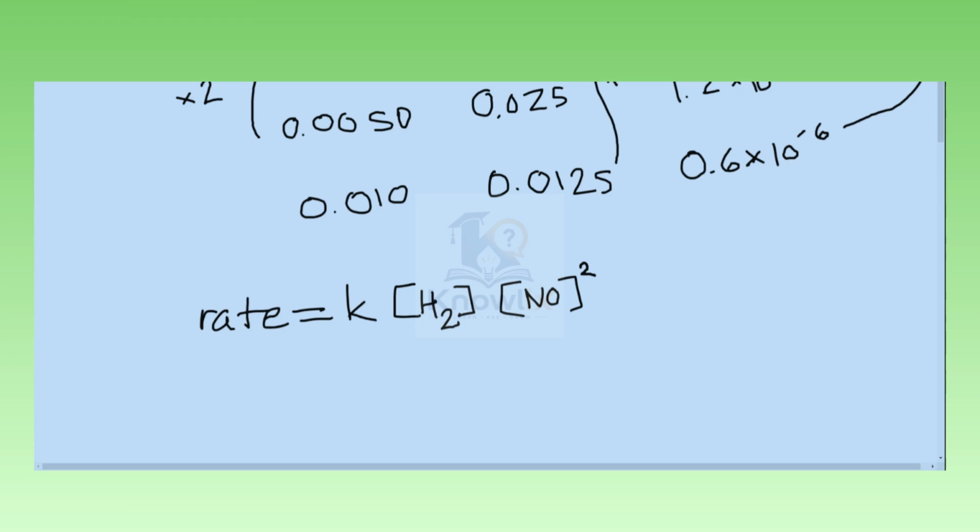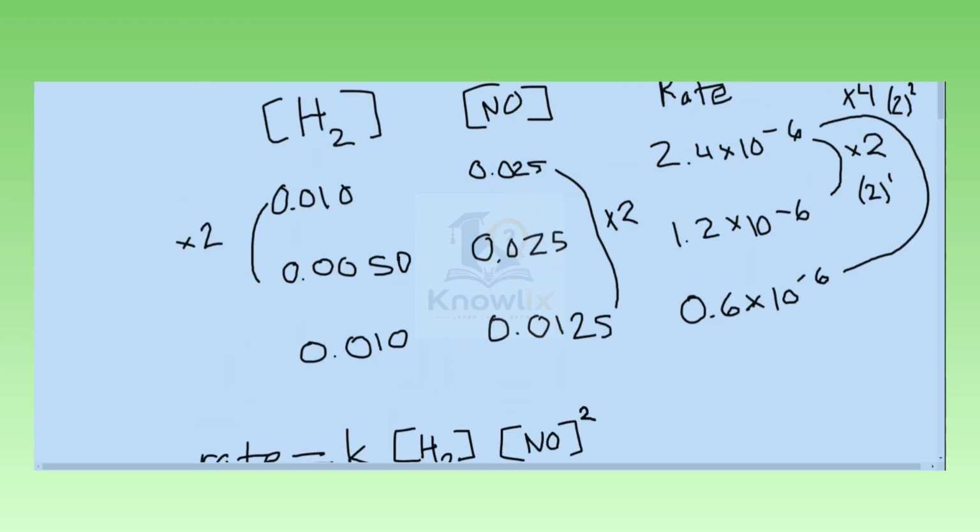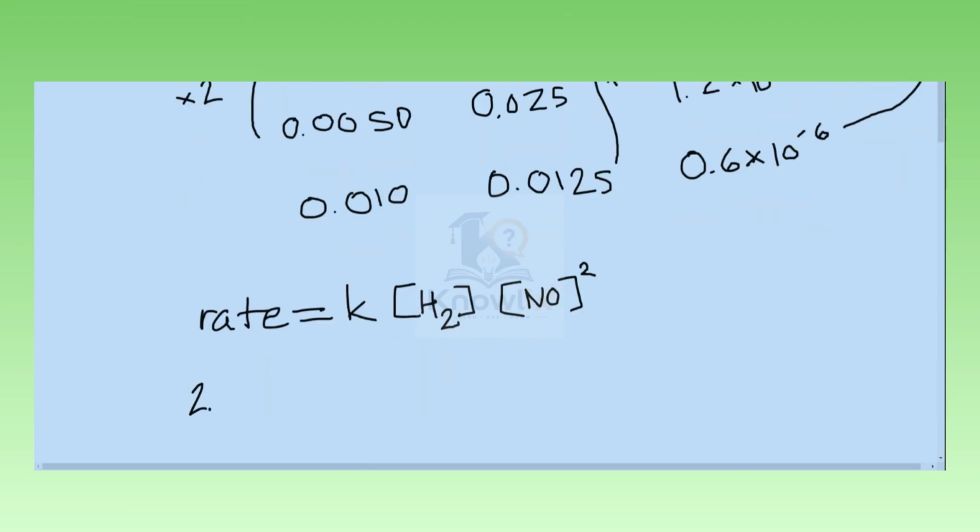Now, how about we try to figure out the rate constant? We're given the rate, the concentration of nitrogen monoxide, and the concentration of hydrogen, so let's just plug in.